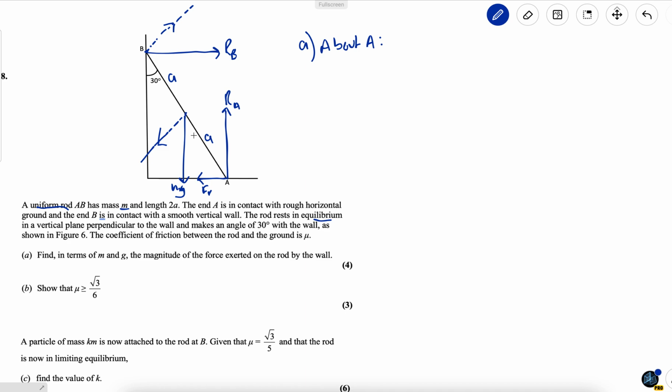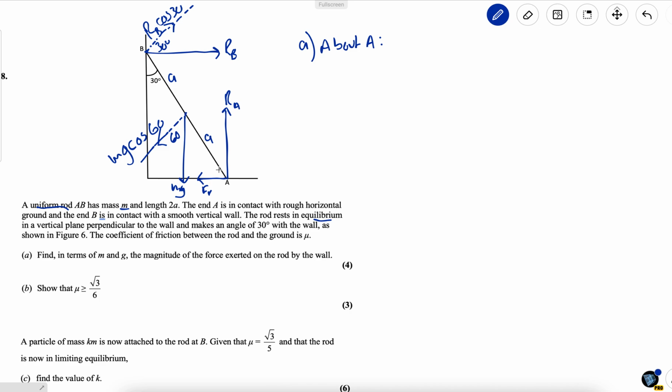This is 30, so this is 30. These add to 90, so this is 60. So mg cos 60 for the adjacent force. And here that's 30. These add up to 90, so that's 60. These add up to 90, so that one's 30. So this is RB cos 30.